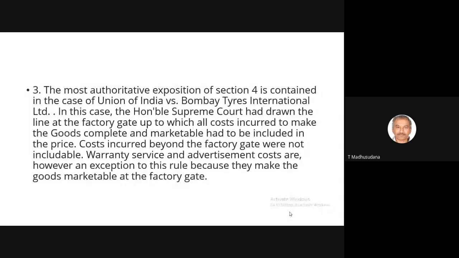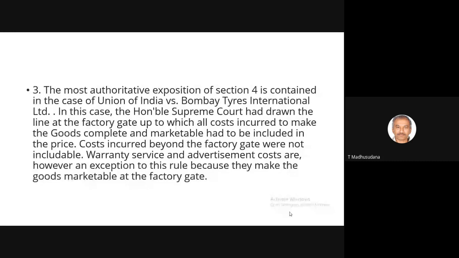So in that case, what the Supreme Court says is that whatever the cost incurred by the manufacturer up to reaching its factory gate, up to that point, all the expenses incurred by the manufacturer should be included in the price of the product.